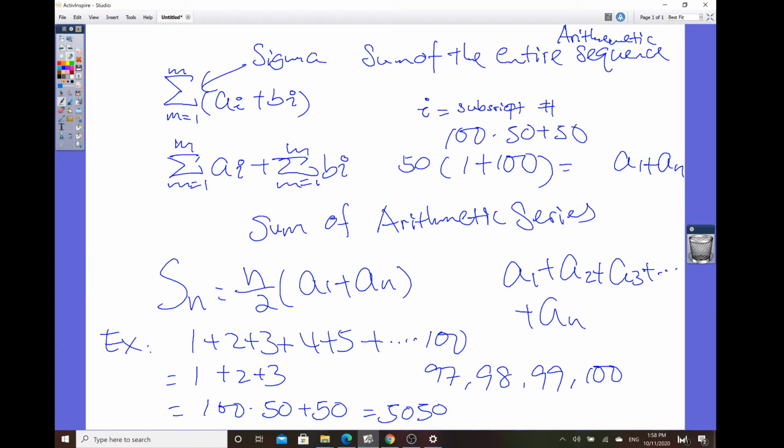And 50 is just the quotient of n over 2. How many terms do we have? 100 terms, divided by 2, so n over 2, the quotient is 50, times a sub 1 plus a sub n. That's the summation formula for the arithmetic series.